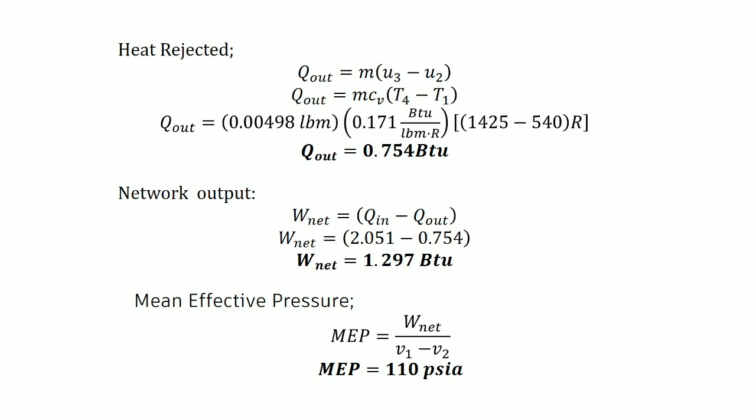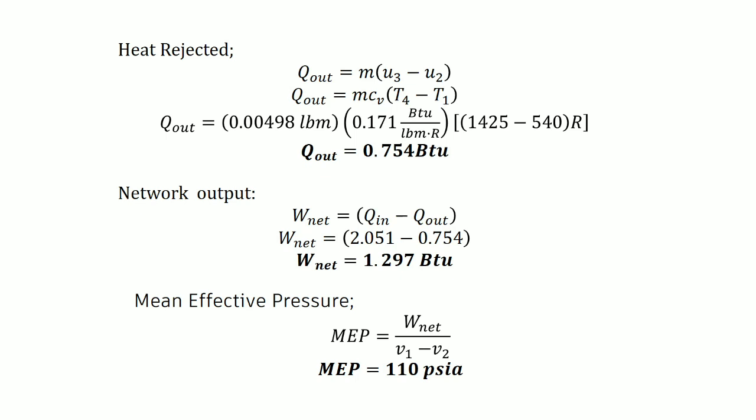For the net work output of our cycle, under the cold air standard assumptions, we have this formula. The net work of the cycle is equivalent to the difference between the heat addition and the heat rejection.